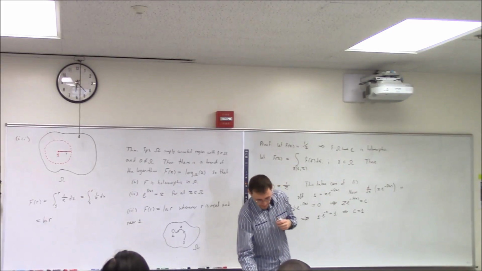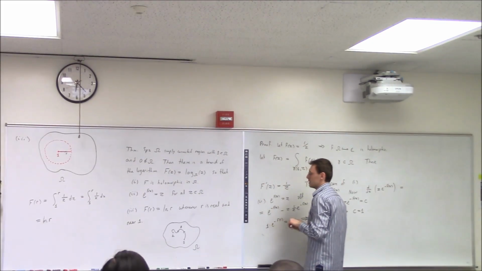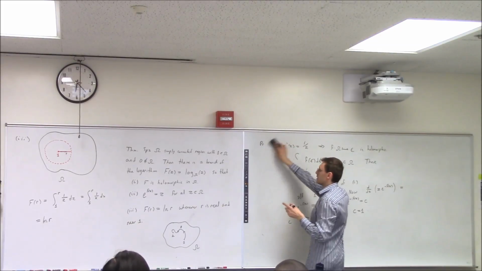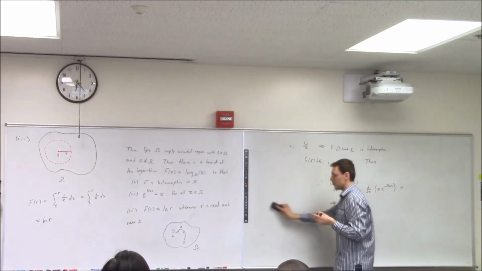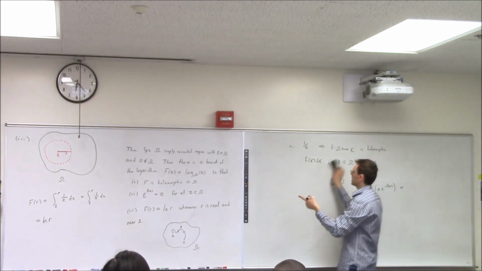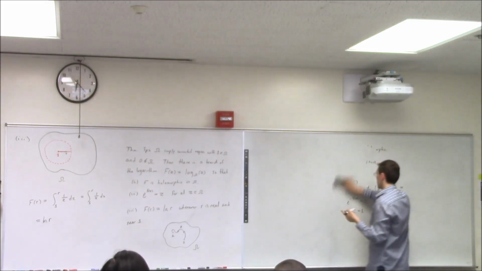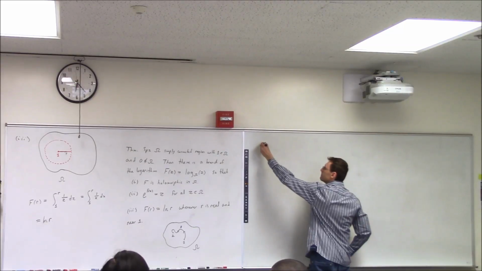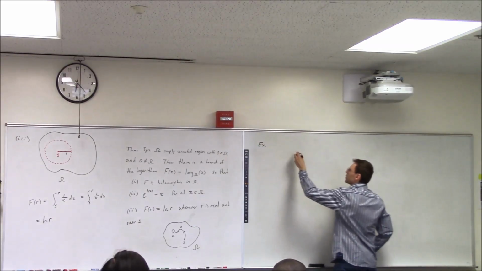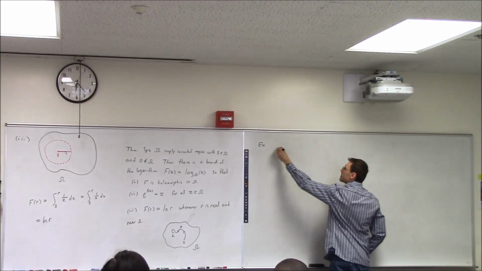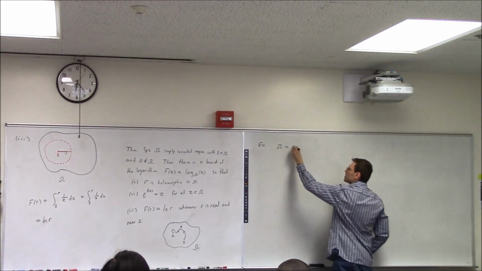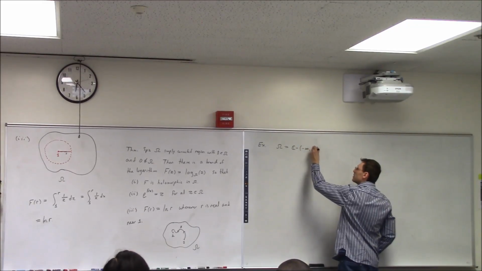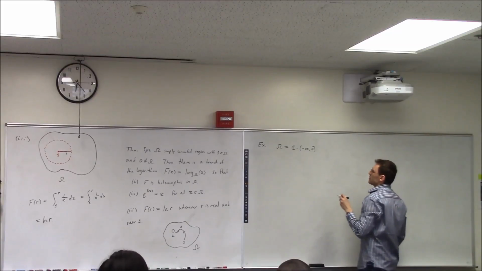Alright? So let's just write one example. We can actually see how the principal branch of the logarithm can be derived from this technique. If you have the split plane, so omega is equal to C minus the interval from minus infinity to 0, so it's the split plane.